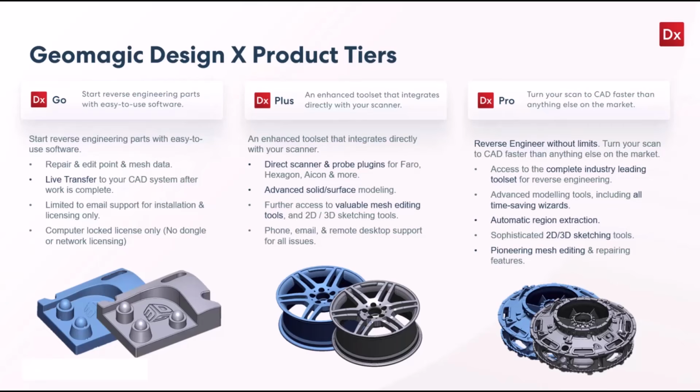It has no plugins built in, but it brings in data from POI, OBJ, STL, all those different import formats. We have a huge library of formats that we bring in, more than almost anybody out in the market, and allows you to extract basic model information, send it over to CAD. So Go, extract basic model information, plus add plugins, add more modeling tools.